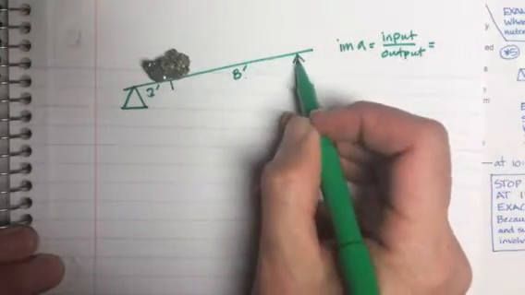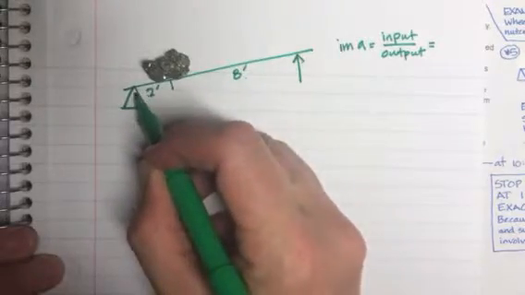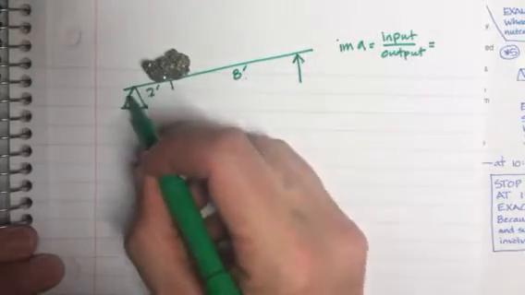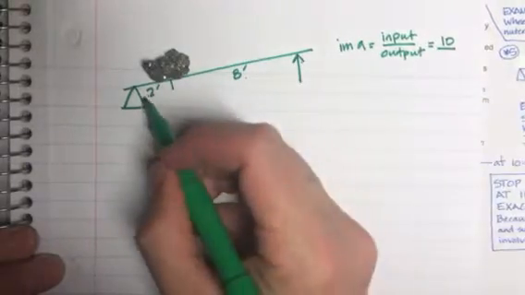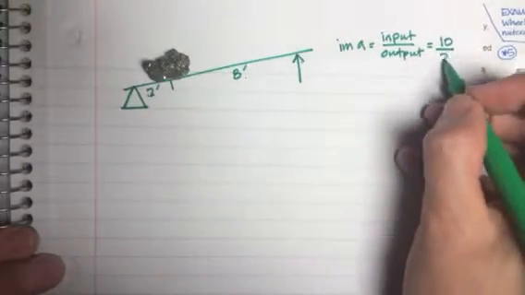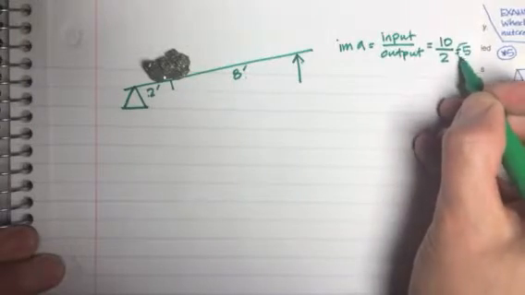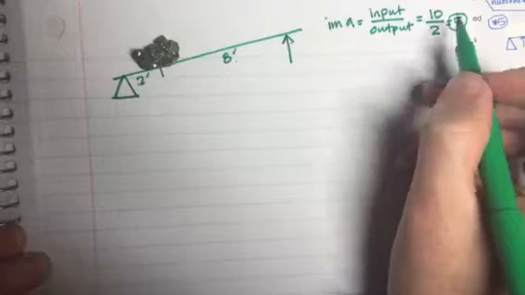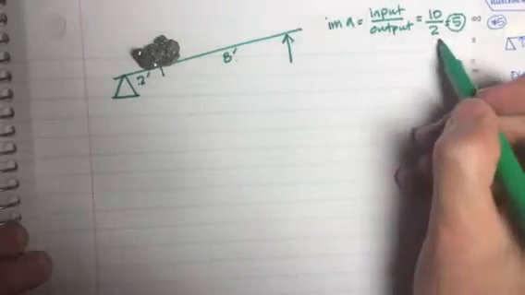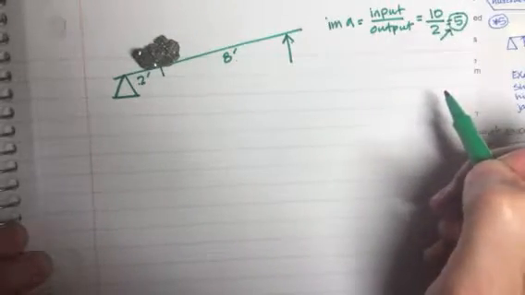The distance between where I'm applying force and the fulcrum is 10 feet. I can use all that distance for input. 10 divided by what's my output? Hopefully you see that it's 2. So my mechanical advantage here would be 5.